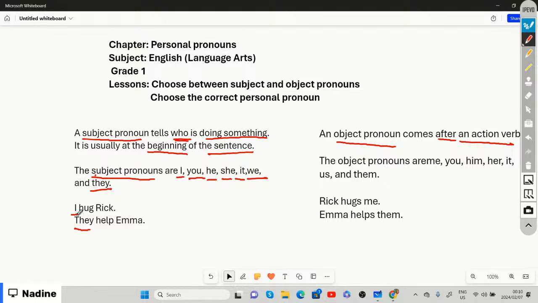Our object pronouns are words such as me, you, him, her, it, us, and them.